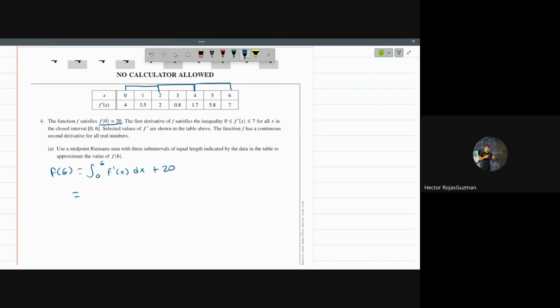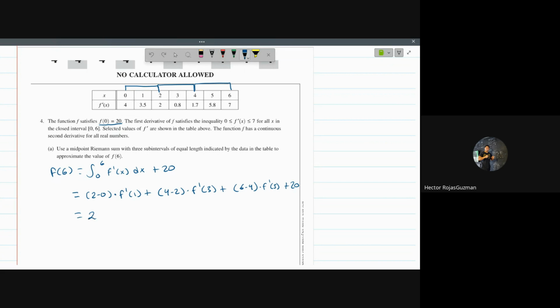So the base is 2 minus 0 times the height, where we take the midpoint, f prime of 1, plus 4 minus 2 times f prime of 3, plus 6 minus 4 times f prime of 5, and at the very end, we're going to add 20.